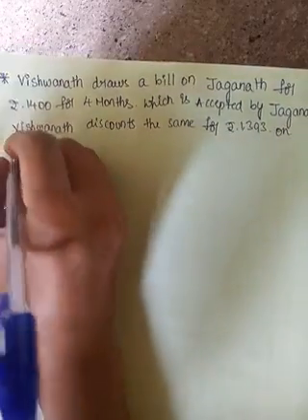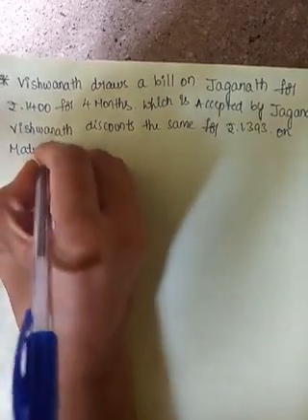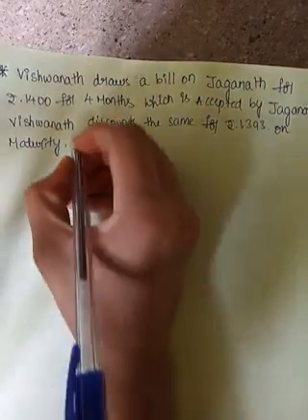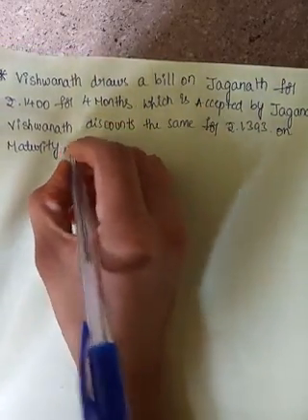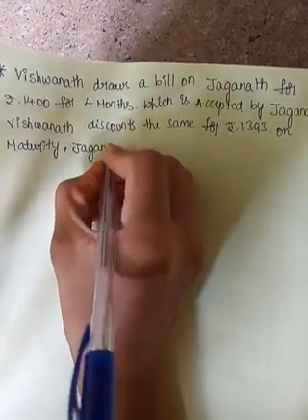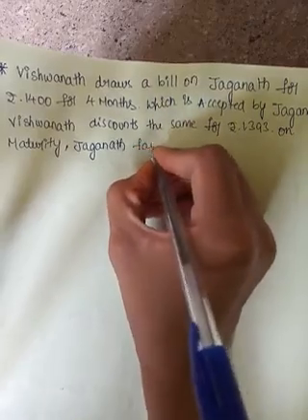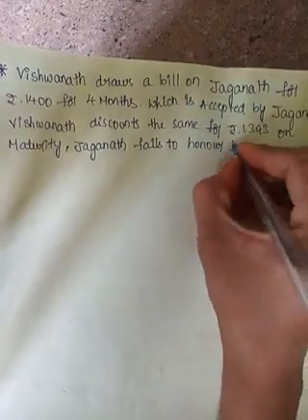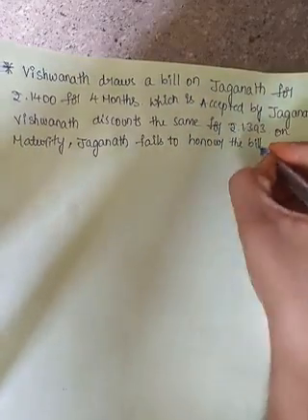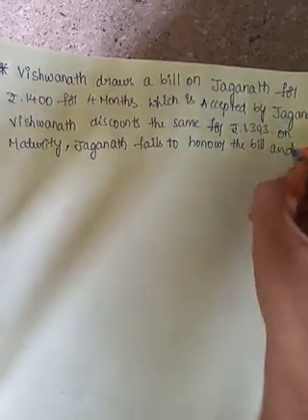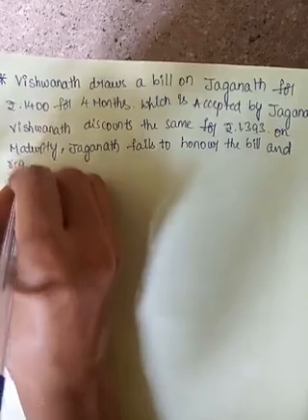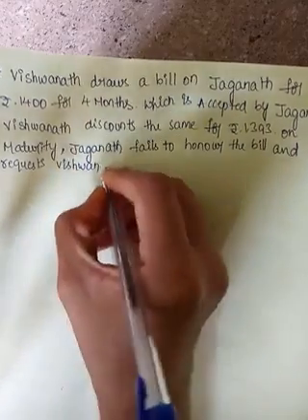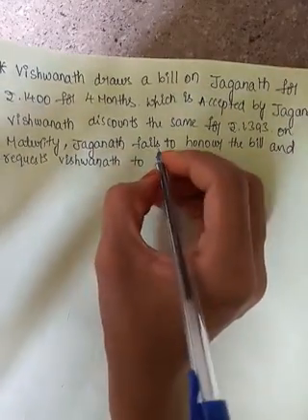On maturity, Jagannath fails to honor the bill, and requests Vishwanath to draw a new bill.